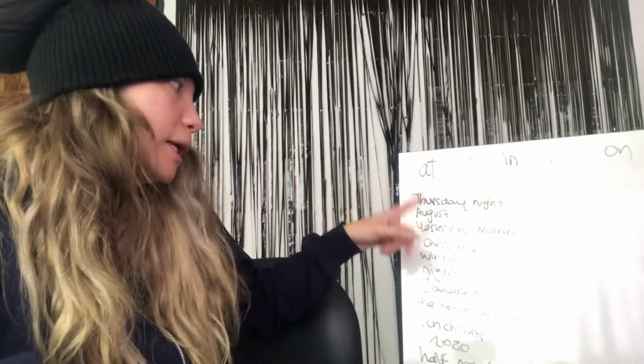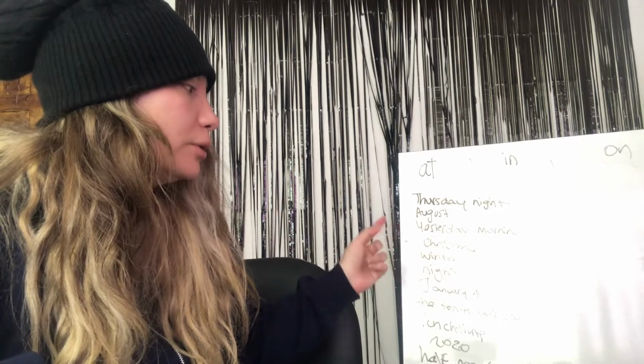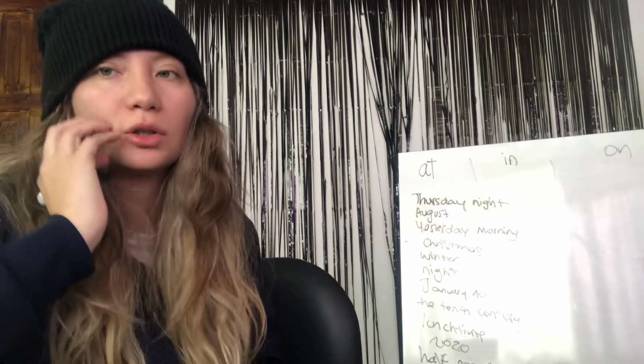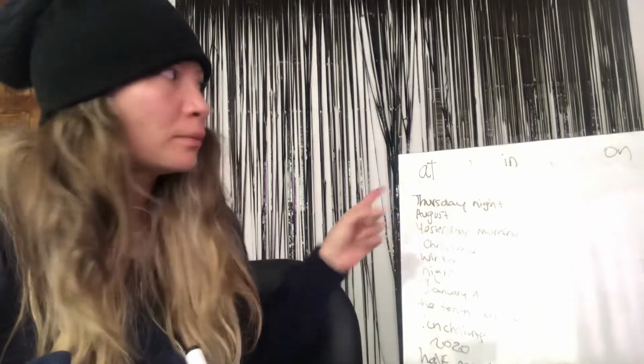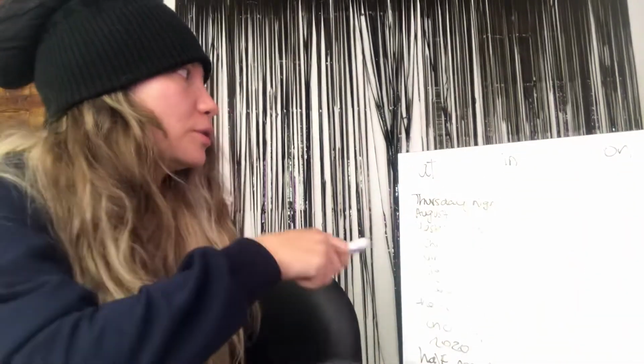Okay, so you're going to complete with these words you have here. Thursday night, August, yesterday morning, Christmas, winter night, January 10th, the 10th century, lunchtime, 2020, half past time, and next year. You're going to create the table and you're going to complete in the corresponding box.